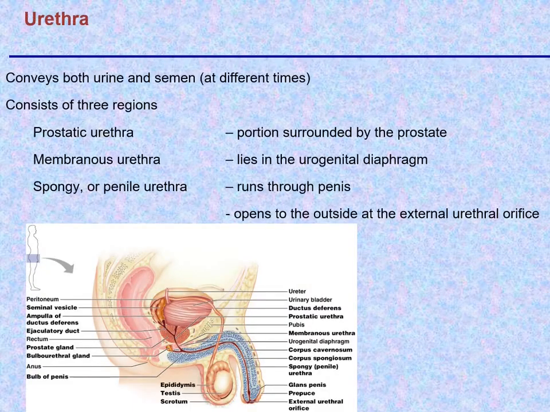Okay, so once you get to the urethra, which is here, at the point at which the ductus deferens joins here with the seminal vesicle right in there, from that point forward the duct is called the ejaculatory duct.